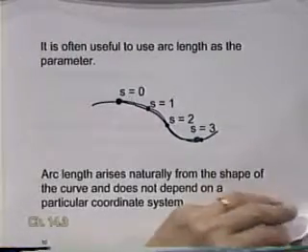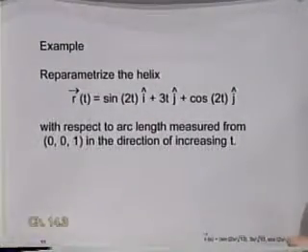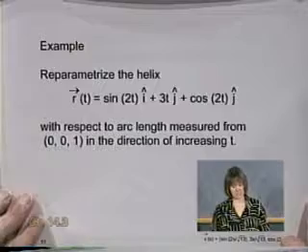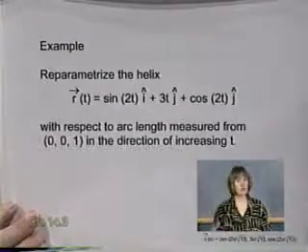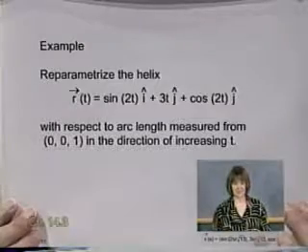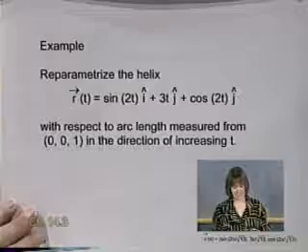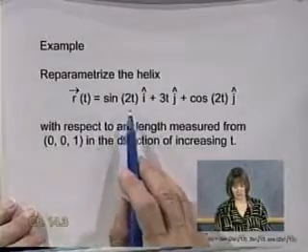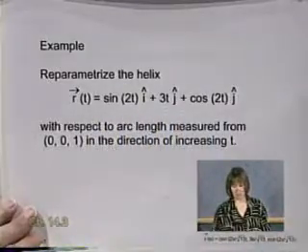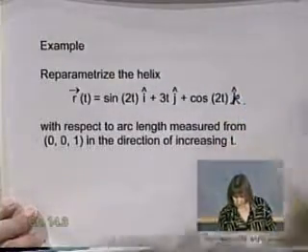Okay? So the question is, if I give you a parametric representation of a curve, could I reparametrize it in terms of arc length? All right, so on this one I'm going to show you how we can do it. Let's reparametrize the helix r of t equals sine of 2t i plus 3t j plus cosine 2t k. This should be a k, by the way, people. Typo here, I apologize.